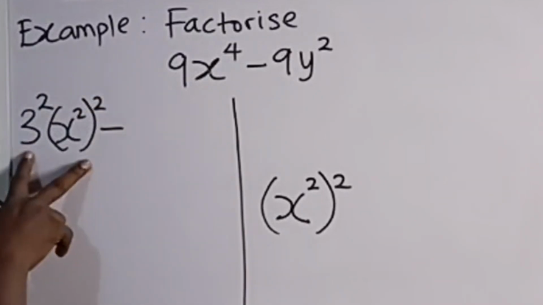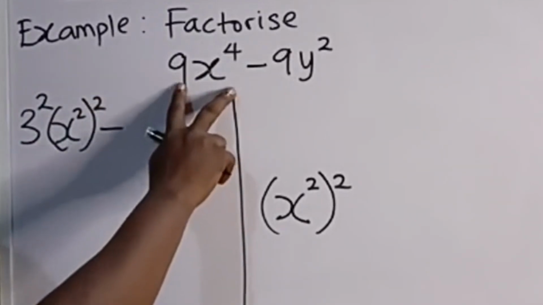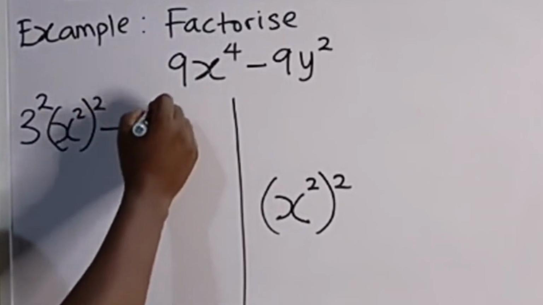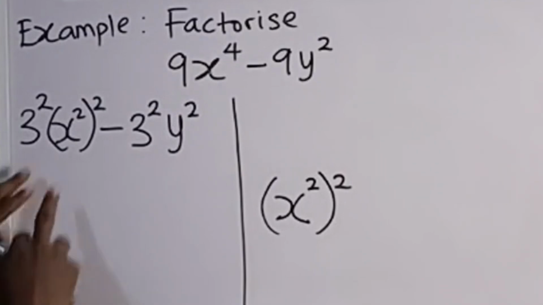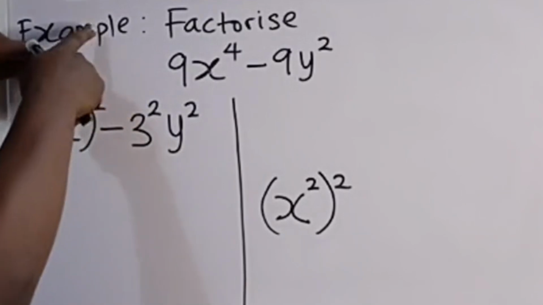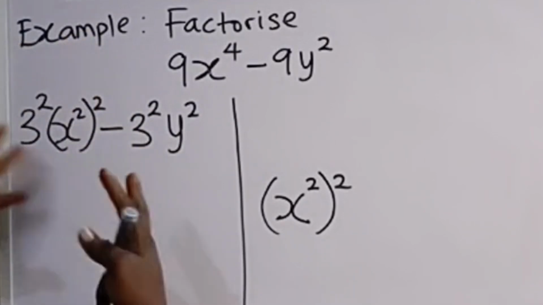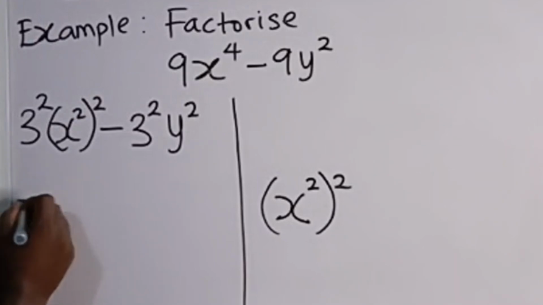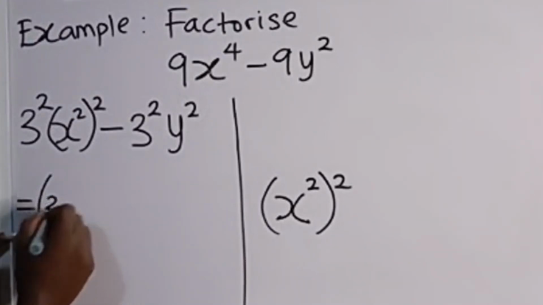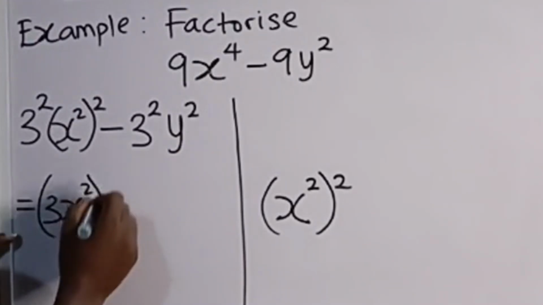Minus, so what we have here is 3 squared y squared. So now we have squared values. Also in indices, when two values both have squares, you can put them together and bring the squared value outside. So this can be written as 3x squared all squared.